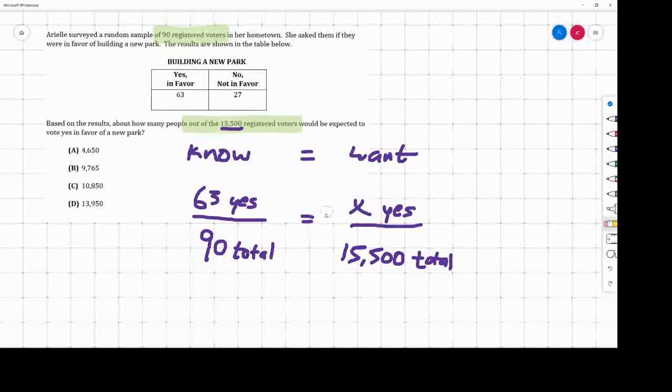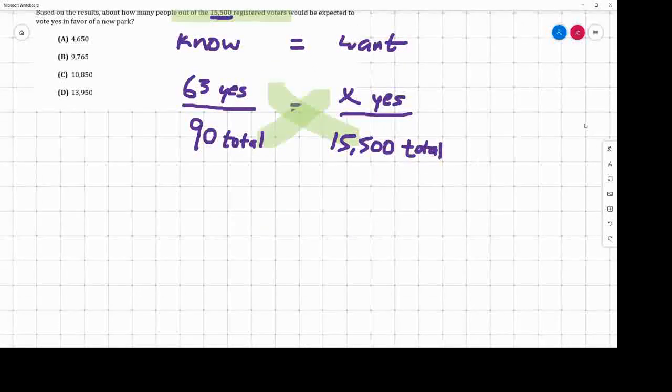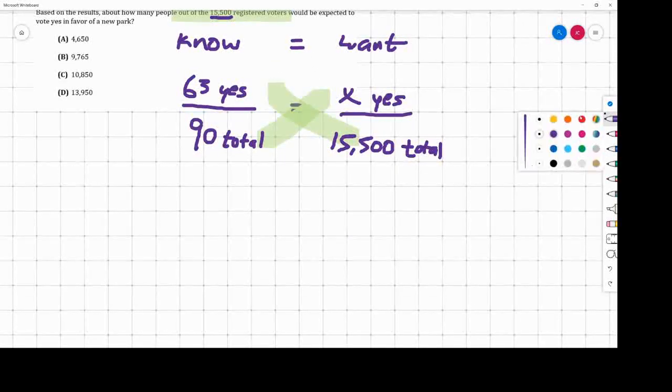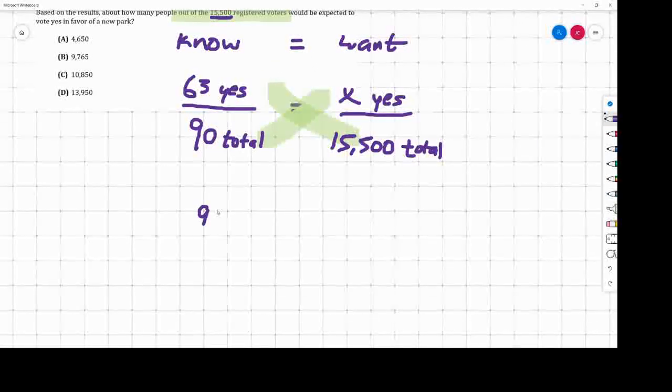All right, so now we can cross multiply. So that's going to be 90 times x equals 15,500 times 63, which is 976,500.